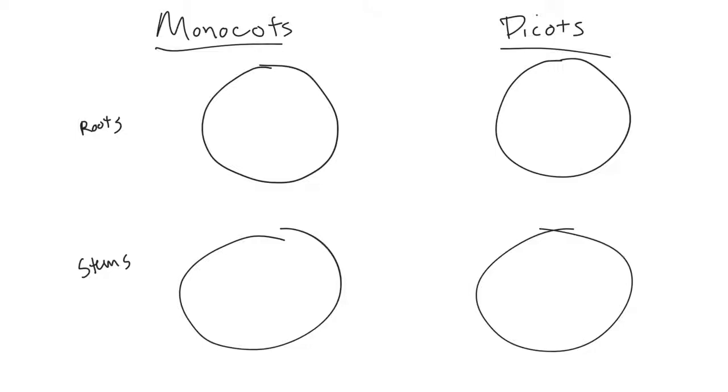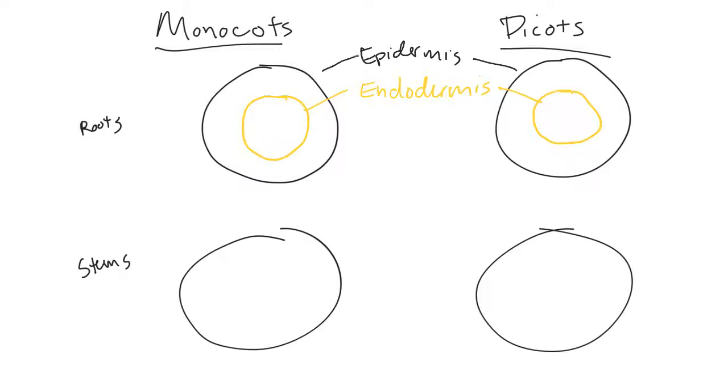Okay, so in the roots, you have this circular layer called the endodermis. The outer layer is the epidermis.